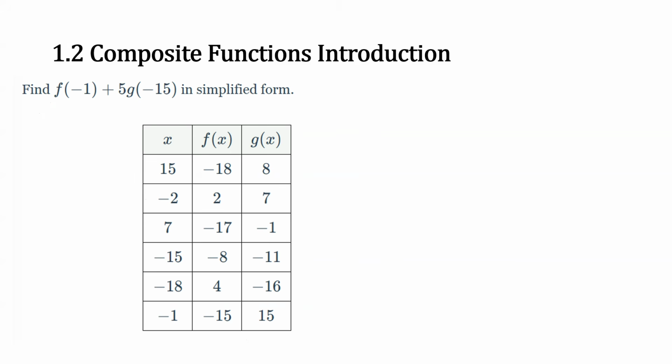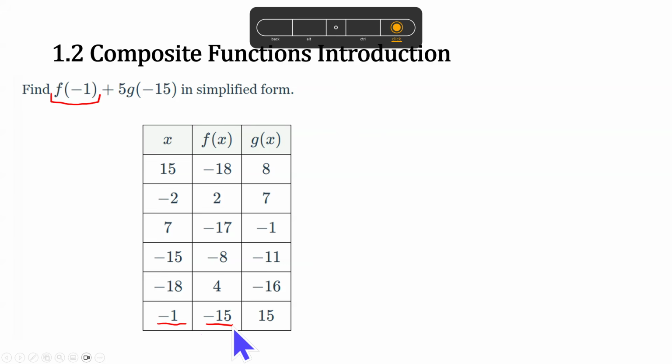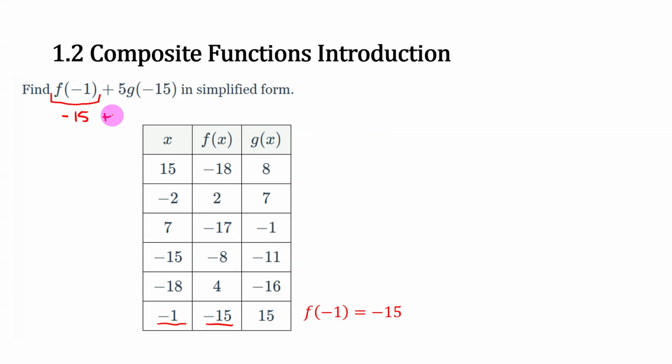This looks super complicated, but we just break it down. Just start by doing f of negative 1. There's negative 1, and f of negative 1 is negative 15. So that means this is negative 15 plus 5. Now we need to figure out what g of negative 15 is.